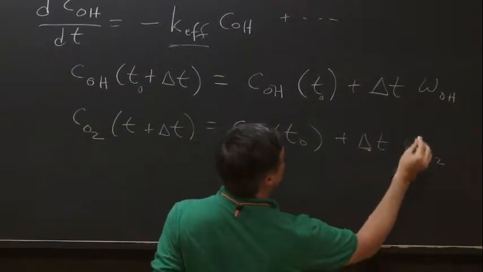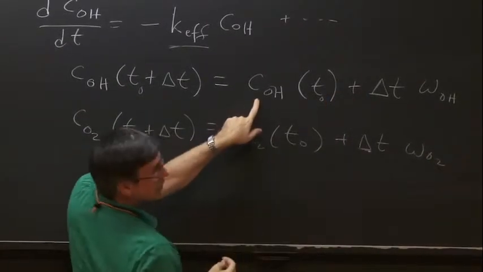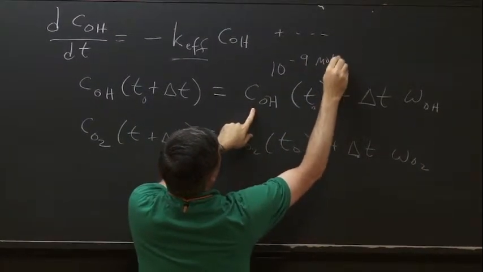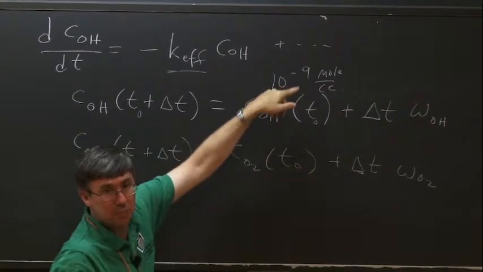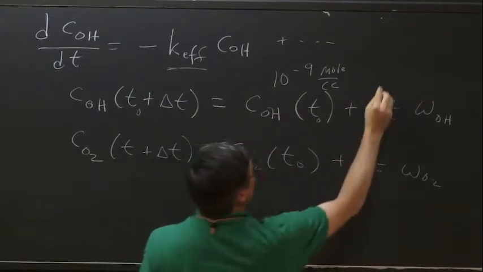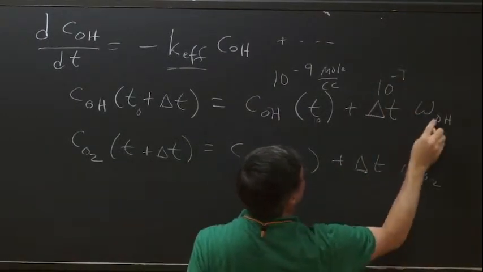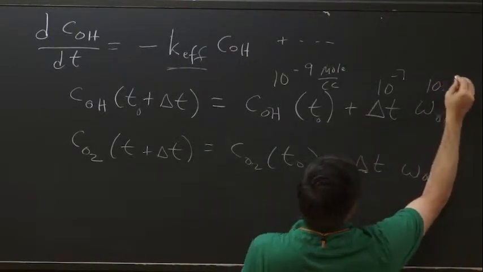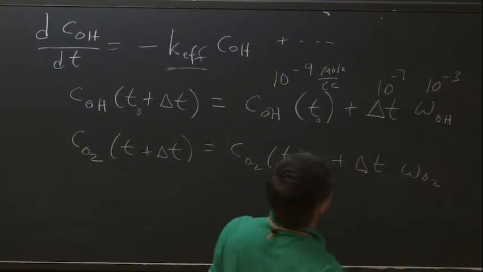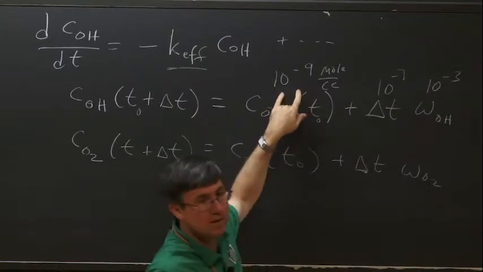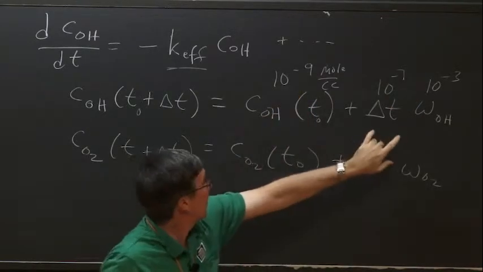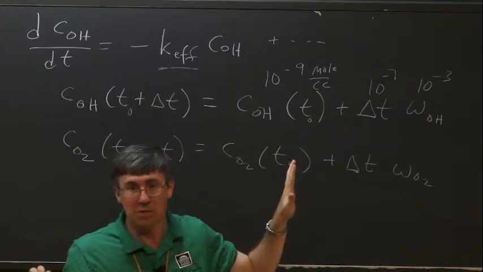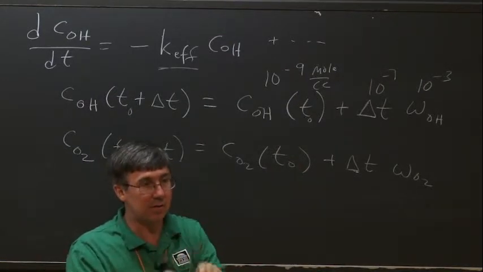So if this concentration of OH is very tiny, suppose this is like 10 to the minus 9 moles per cc, something like that, some tiny number. And then I have my number 10 to the minus 7, and I have some number here. Maybe it's 10 to the minus 3. So now I have a 10 to the minus 10 plus 10 to the minus 9. I can do this arithmetic, adding 10 to the minus 10 to 10 to the minus 9, and it's OK, because the two numbers are similar magnitude.